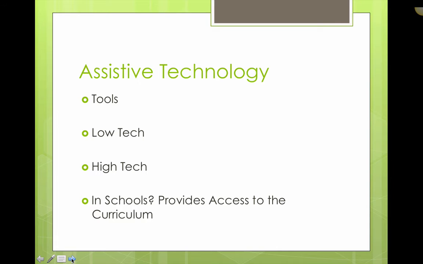But in school, AT has primarily a more narrow focus, and it's really about technology that provides access to the curriculum. For example, if you're a non-reader, you could have screen reading software. If you're hard of hearing, you can have an FM system to assist with hearing.